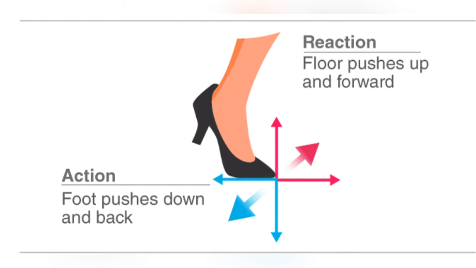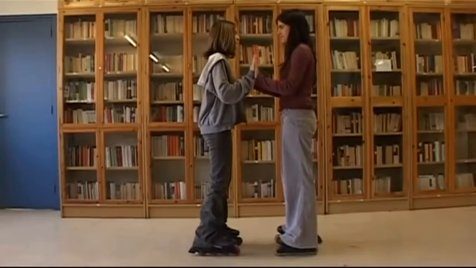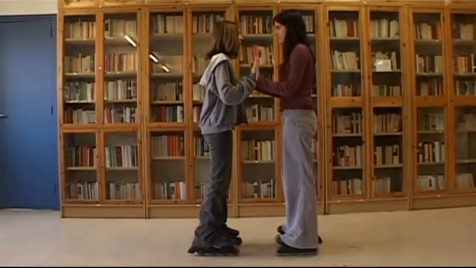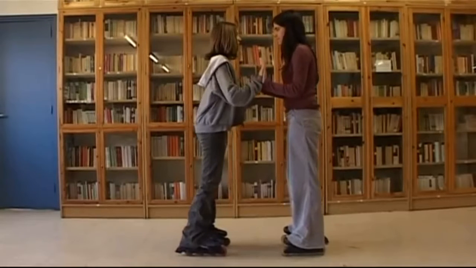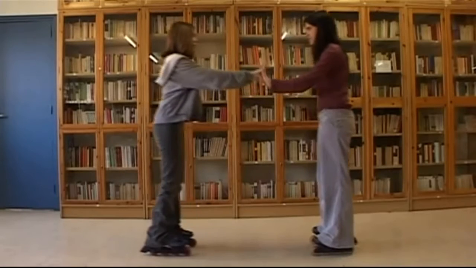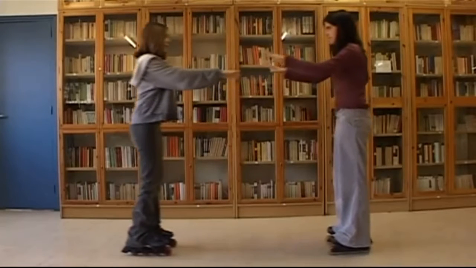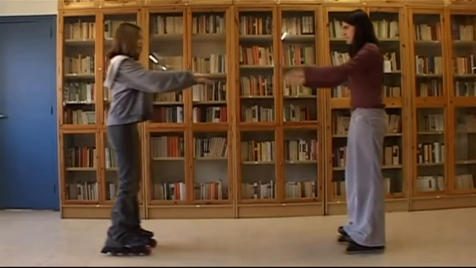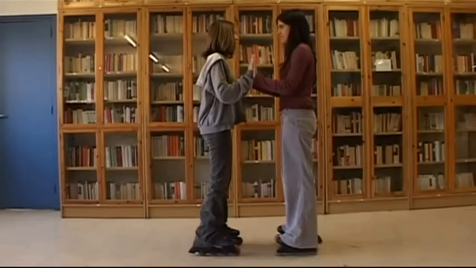In nature, forces always occur in pairs. When a body exerts some force on another body, the other body in response also exerts an equal and opposite force on the first body.